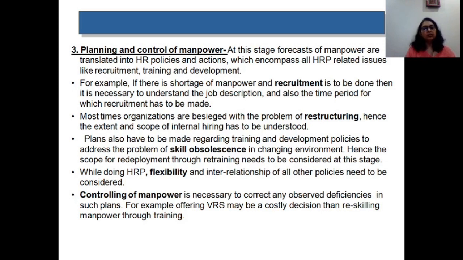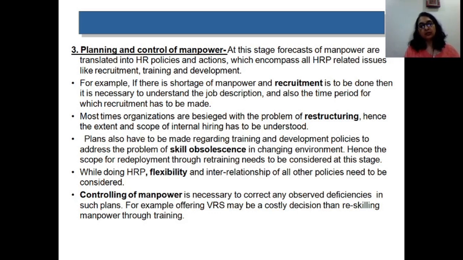Then the controlling of manpower is also necessary at this stage if there are any observed deficiencies. So let's say, for example, the cost of manpower is going high, it is high as compared to the set budgets. So the organization can see where the costs are going high.